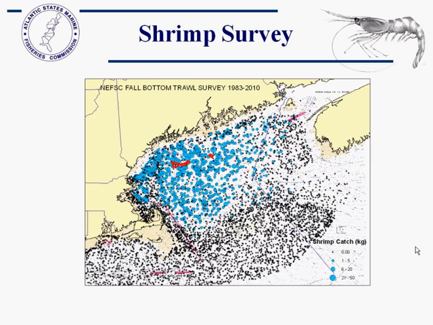If you look at the fall survey, it's a little better mixed, but there's still definitely the big concentration of shrimp in the Gulf of Maine in this area here, and that's where the scientists back in the early 80s decided to focus the survey.